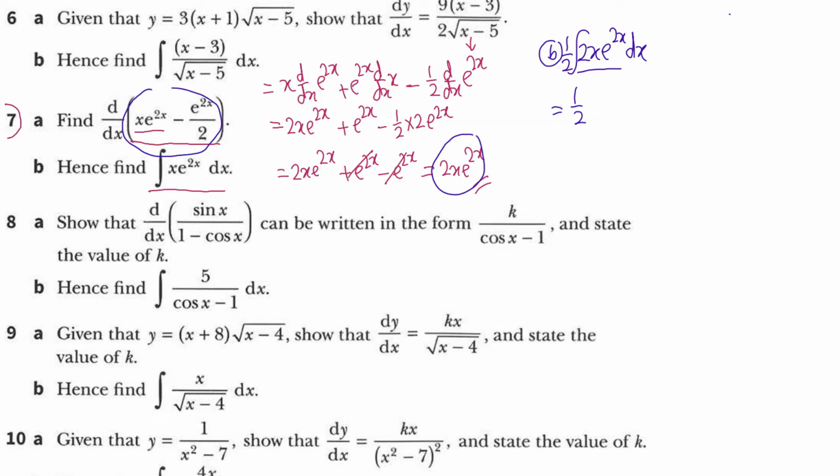So the result before differentiation we need to put here, so x e to the power 2x minus e to the power 2x divided by 2 plus c, and this is the answer of this integration. Hope you understood the questions we are solving. Question number 7, where with the help of differentiation we are doing the integration.